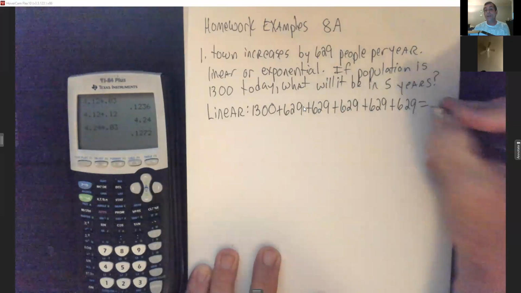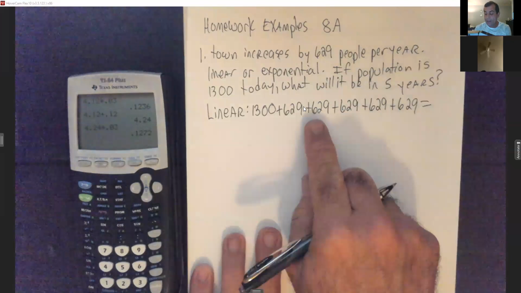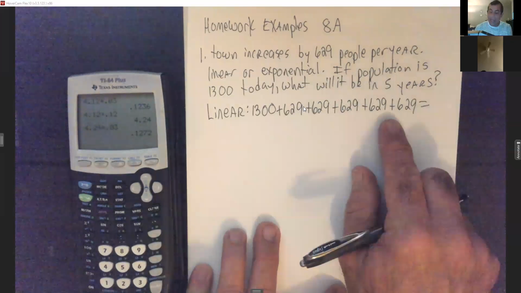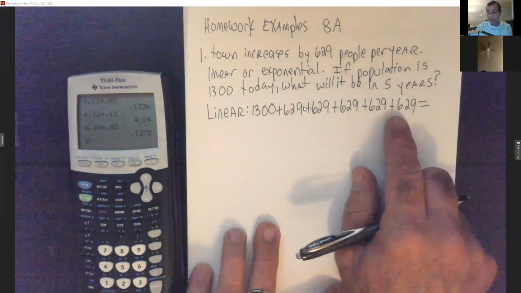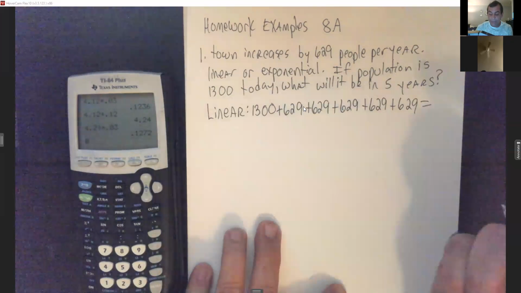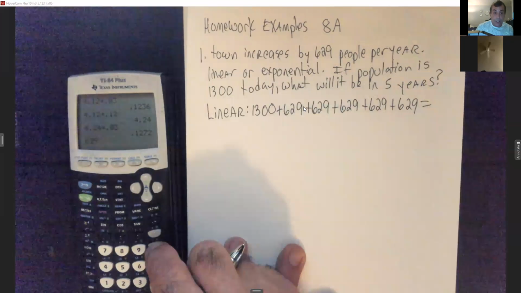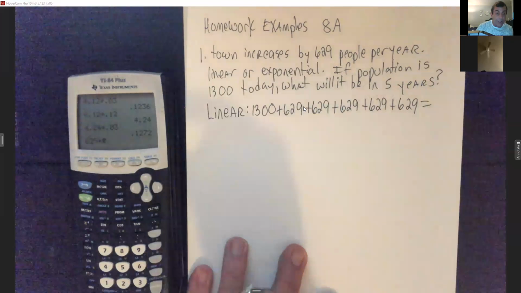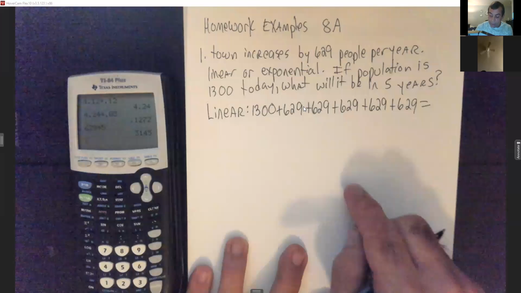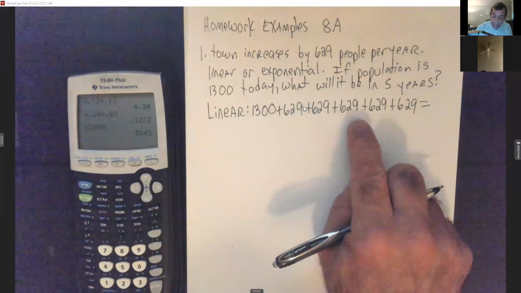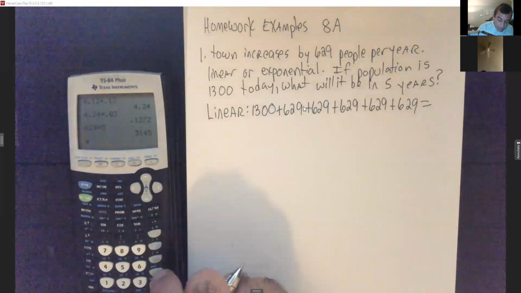Now I'm going to tell you a trick. If you don't want to have to write that 629 5 times just to add to the 1,300, you could take that 629 and multiply that by 5, and then add that to the 1,300. Because multiplication is just shorthand for all that adding. So you could say, hey, 629 a year times 5 years. So this part's going to add up to 3,145, and then add that to my 1,300.